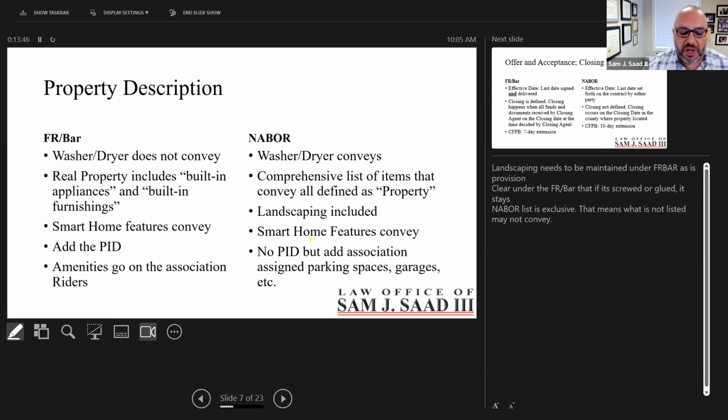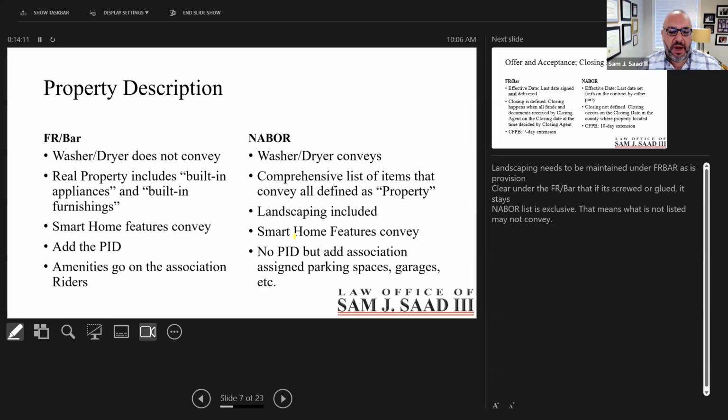If it's not the personal iPad of the individual, but the iPad for the home, I would argue that it stays. One major difference: you put the property identification number on the FRBAR contracts, and not on the NABOR contracts. But the NABOR contracts have a space right on page 1 for the amenities of the association.